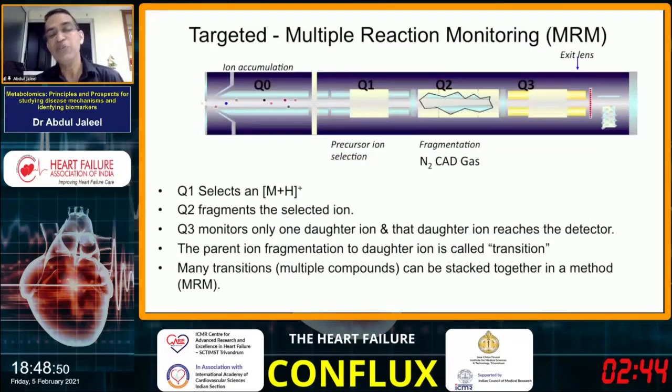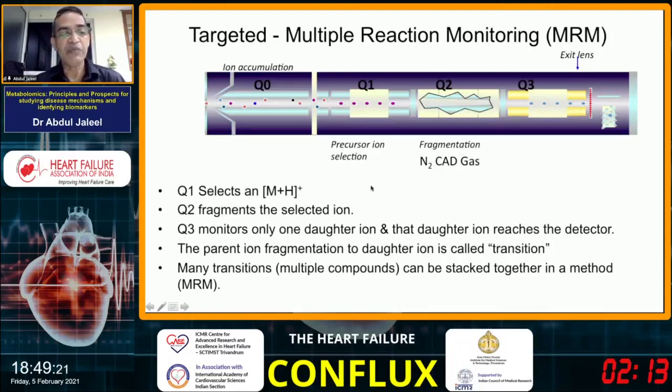Then another thing is targeted analysis, where there are different kinds of analyzers. It is usually a triple quadrupole mass spectrometer. In quadrupole one, only one of the compounds is selected, as you can see here, and in Q2, that particular one will be fragmented, and in Q3, only one fragment will be selected, and that fragment will be detected.